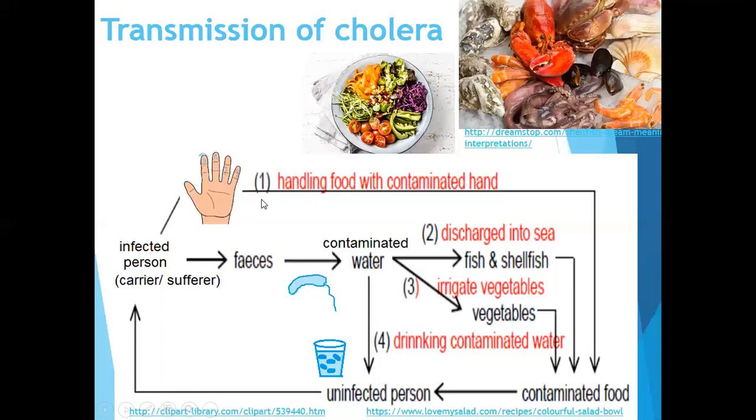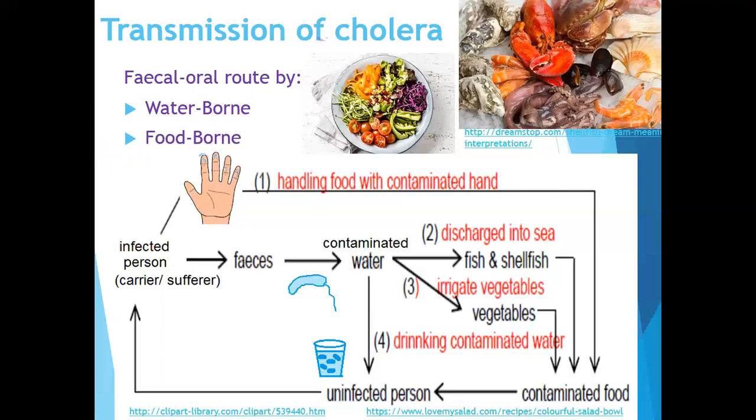Okay, and one more thing is when the person goes to the toilet and passes motion, defecation, and then cleans the anus with water, the hand may be contaminated with the bacteria, and then you use this contaminated hand to handle the food and the food also will be contaminated, right? So therefore the main way of transmission of this bacteria is by the fecal oral route.